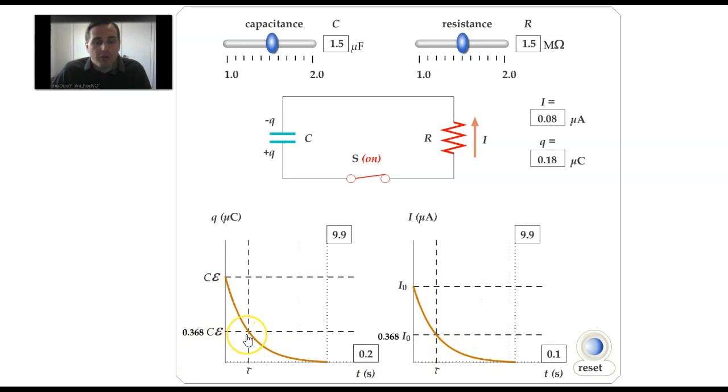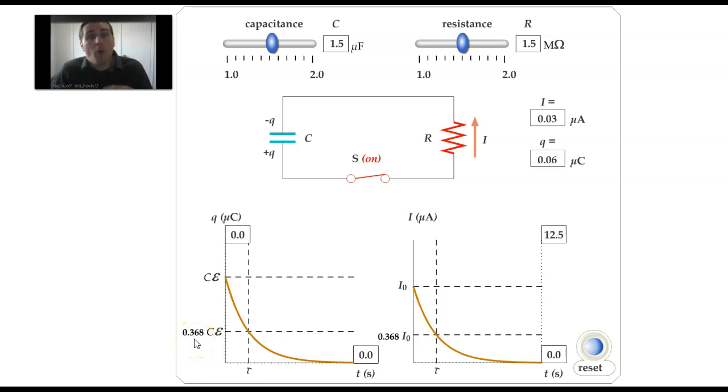Notice in both of these graphs we reach 0.368. 0.368 at tau is again one characteristic time, which is called one e-folding time, which is also called one time constant. And notice that's going to be the three decimal place value of 1 over e.